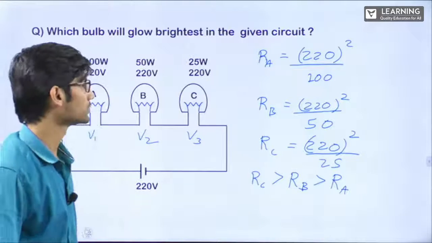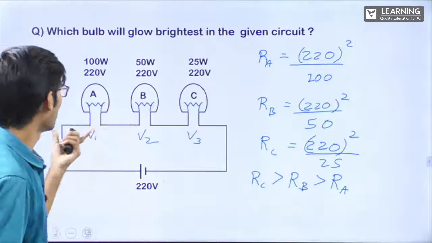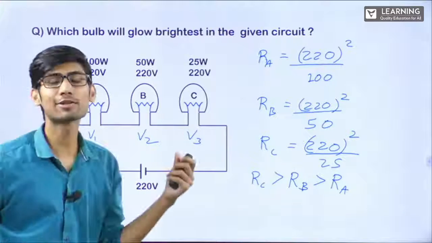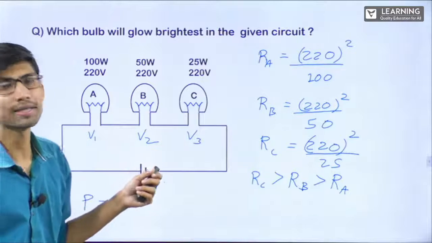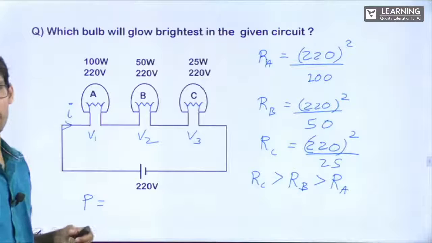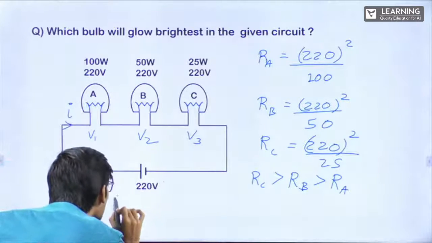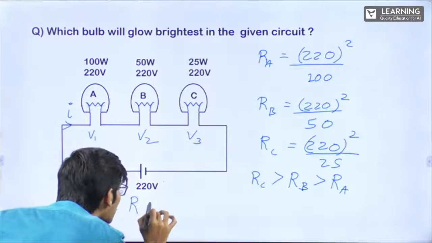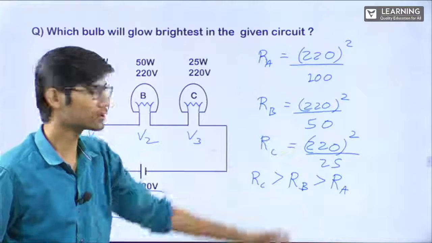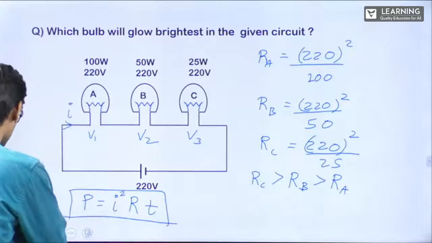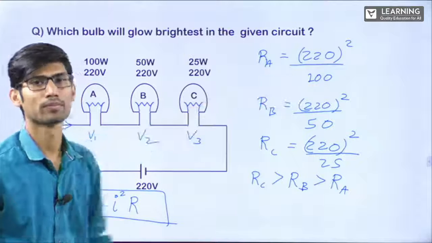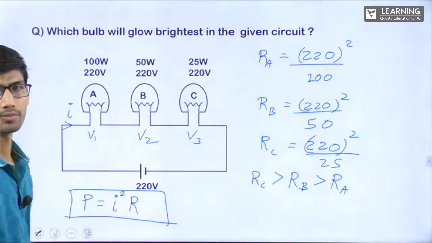Now, see, power P is equal to, in series what is constant? I. The current flowing through all these bulbs will be same. So I can write power is equal to I square R into T. If I want to get power for each bulb, resistance I have already got. Current is same for everyone.